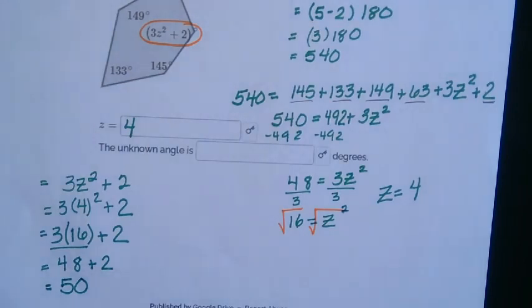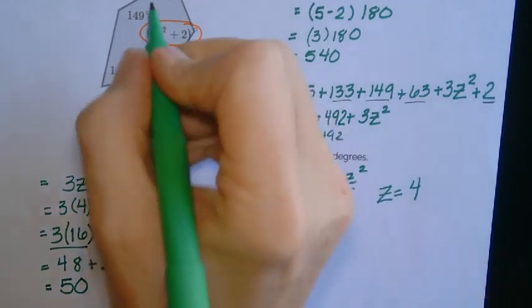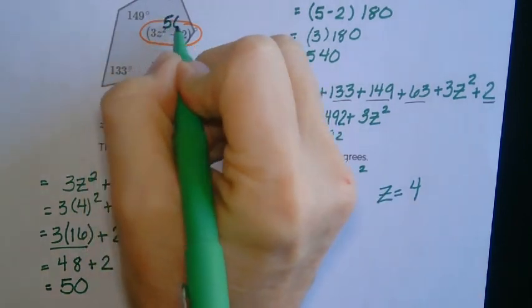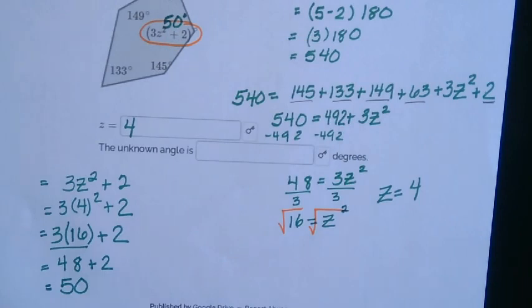So that angle measurement should be 50. Okay, now some of you got something a little different. Hopefully you see where you made your error there. Probably just not in doing that order of operations correctly.